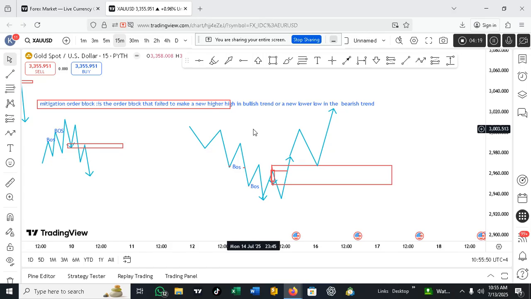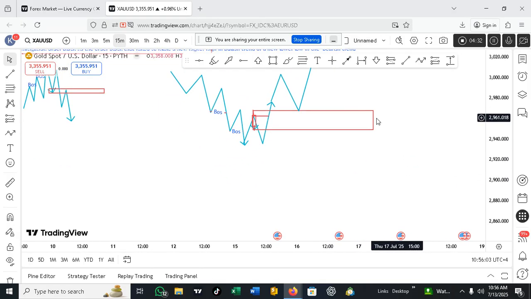gold. I usually trade gold and EUR/USD, USD/JPY, and GBP/USD. Those are my favorite pairs that I trade.